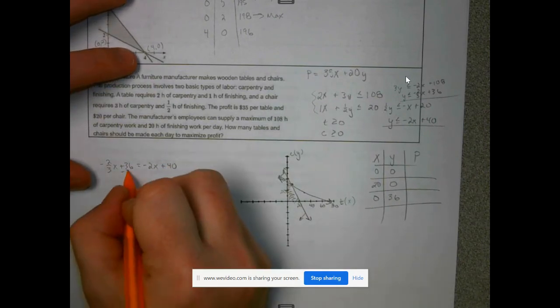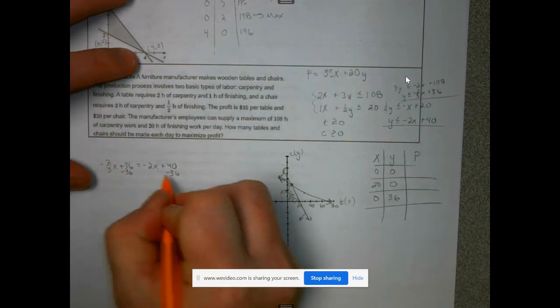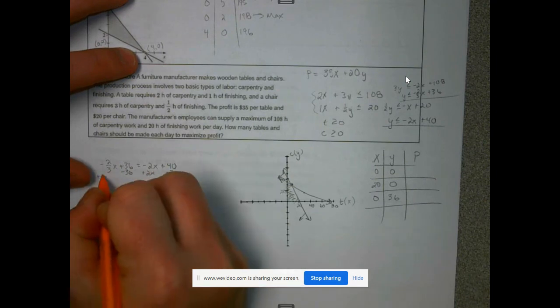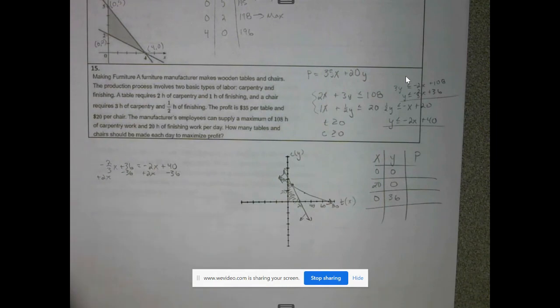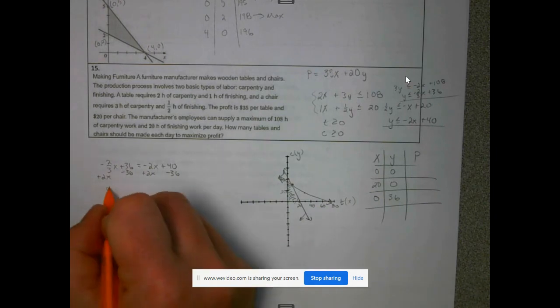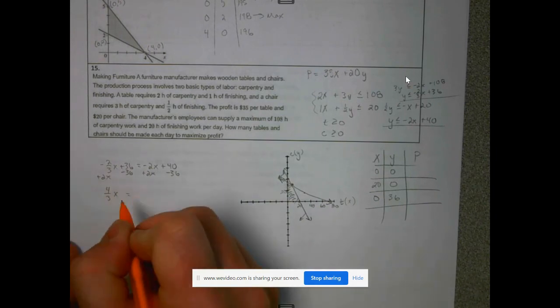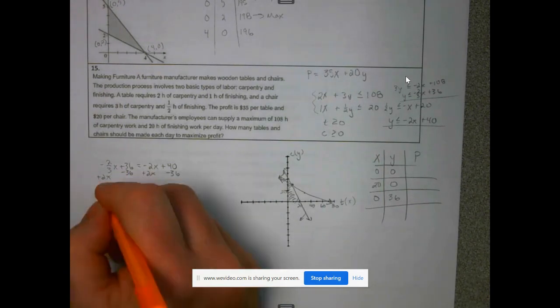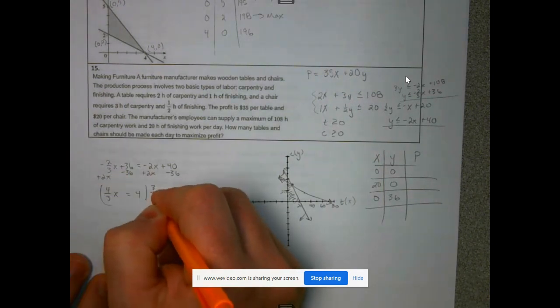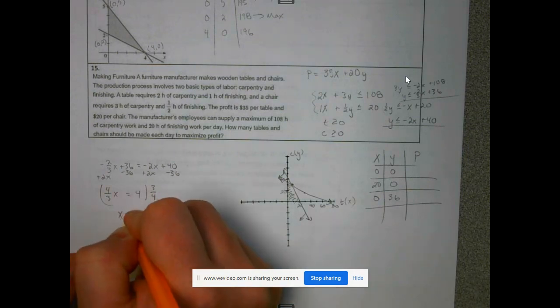Okay, so subtract 36, add 2x. So negative 2/3 plus 2 is 4/3 x equals 40 minus 36 is 4. So we're going to multiply everything by 3/4. So x is 3.